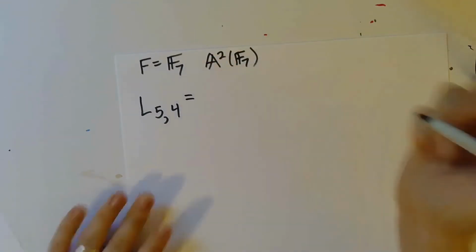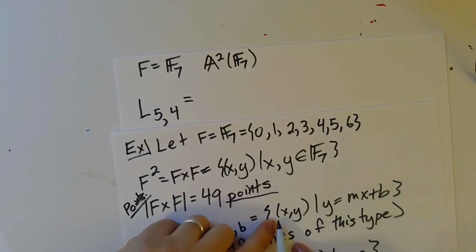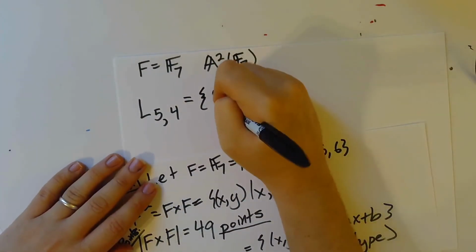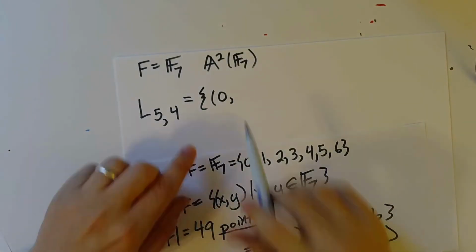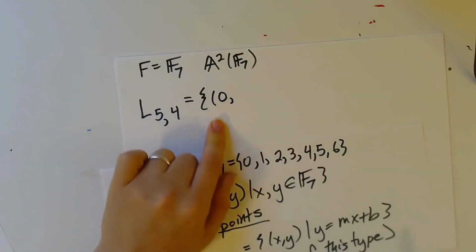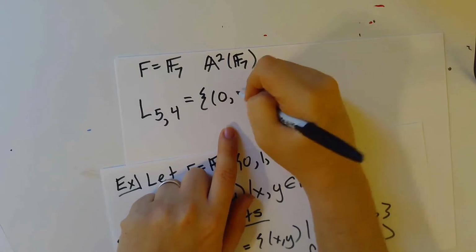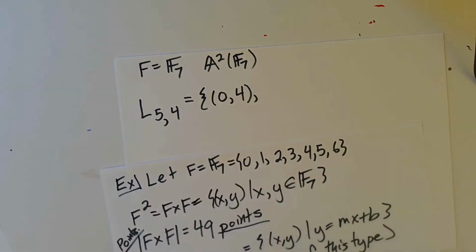What is this? This is the set of all pairs (x, y) where y is mx plus b. If x is 0, what is y? Well, y is supposed to be 5 times 0 plus 4, so it's 4. And then we go on with our lives.